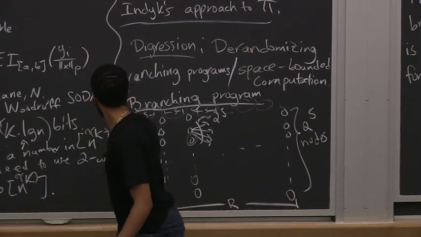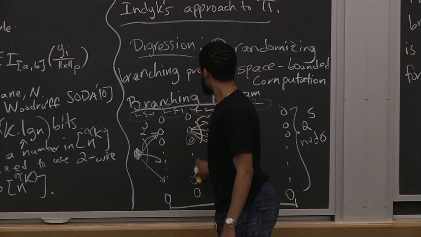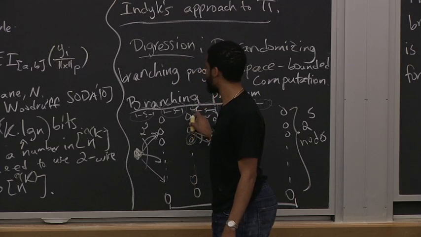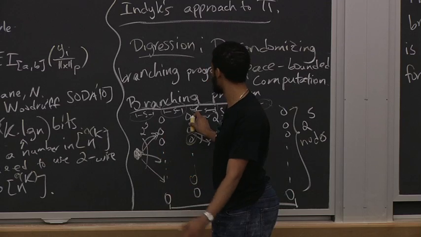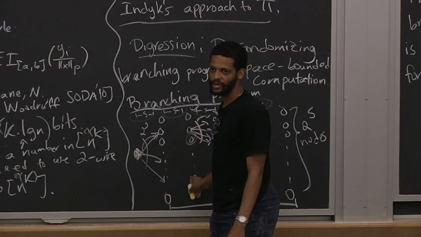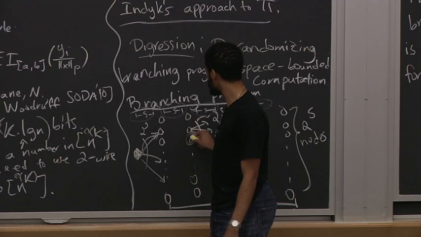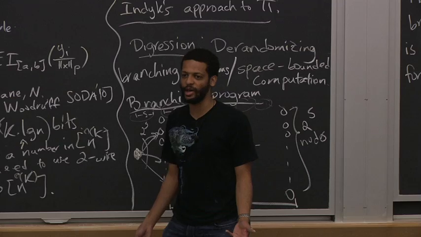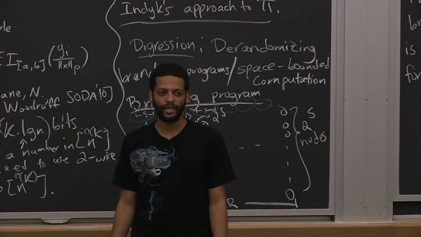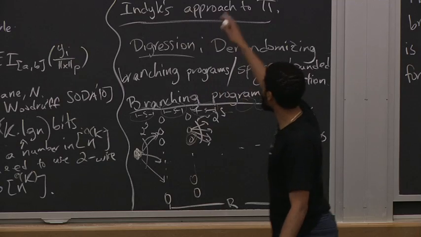And this is just the state of your algorithm, meaning the values of low, high, and cur. Each one of these nodes corresponds to a different setting of those 3 counters.